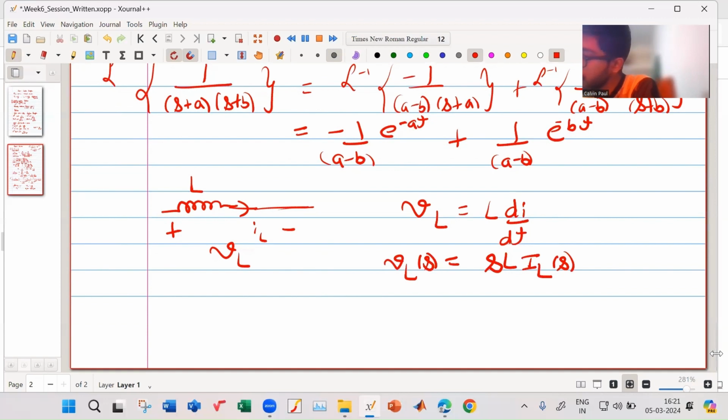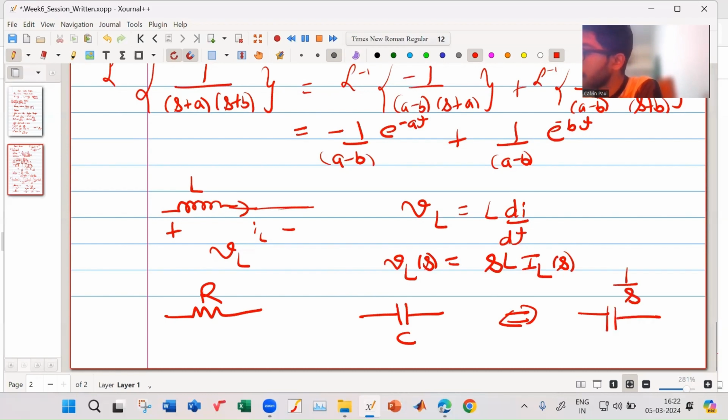So this is how we write. Similarly, a resistor remains the same; a resistor remains as a resistor either in the Laplace domain or in the time domain. But a capacitor gets replaced by 1 upon SC.